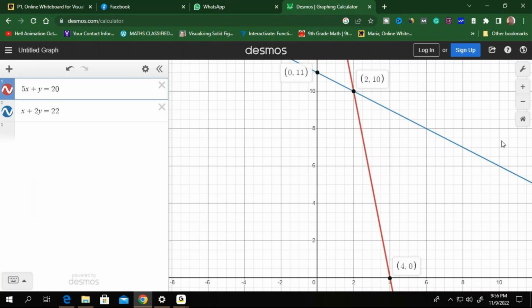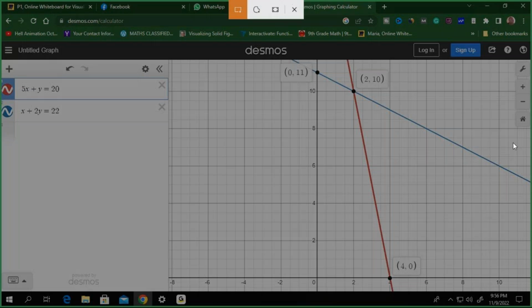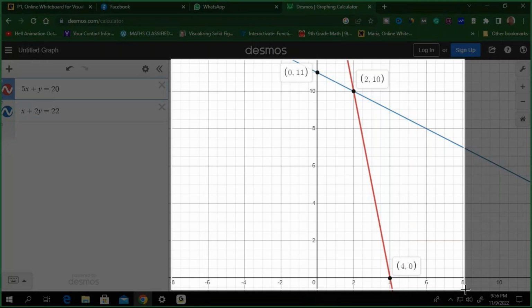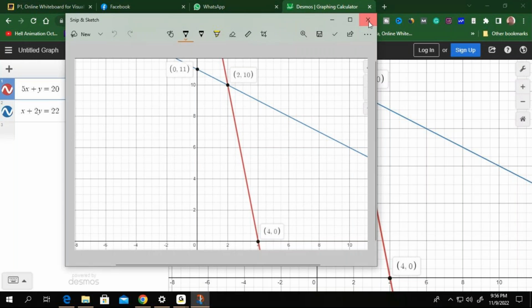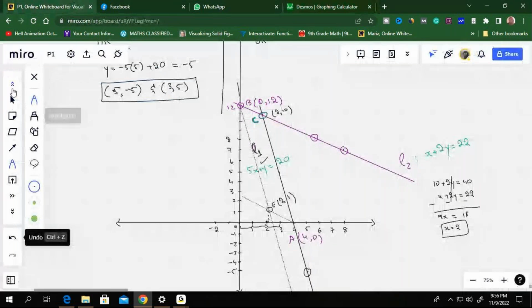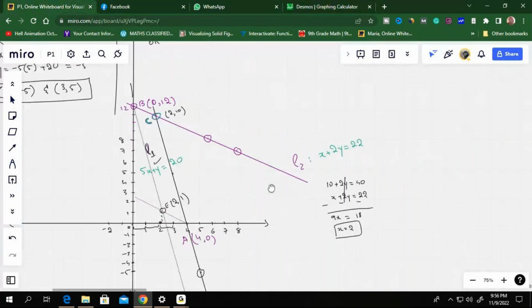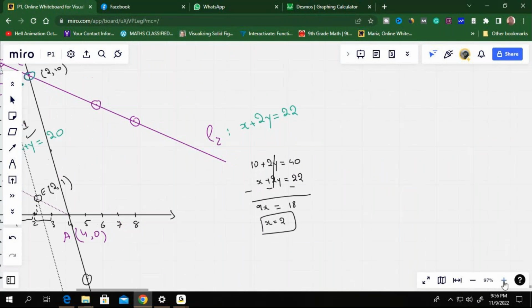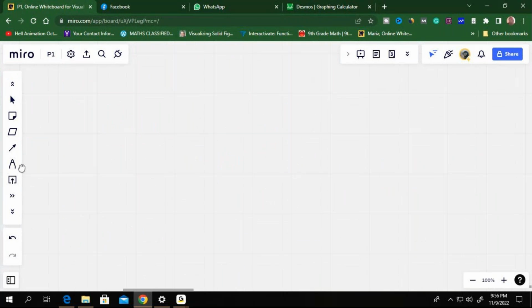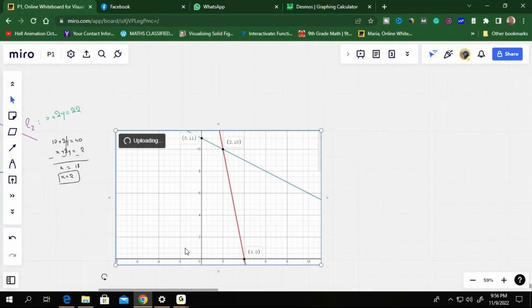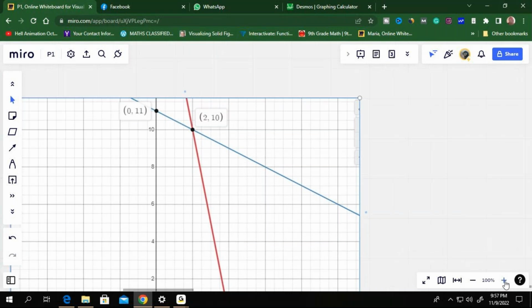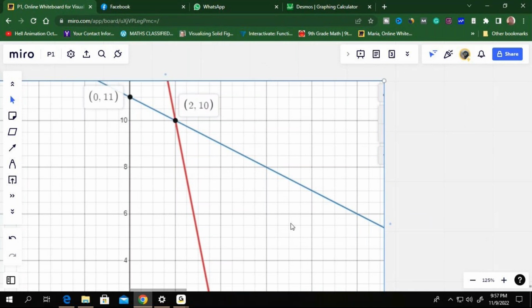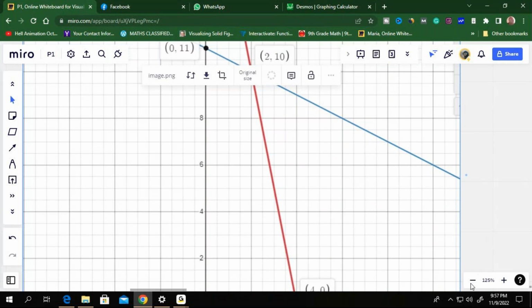So if I just pick up this section and try to paste it here, I'm going to draw a line parallel to this orange line and parallel to this blue line.